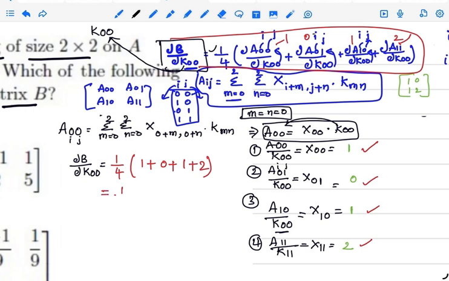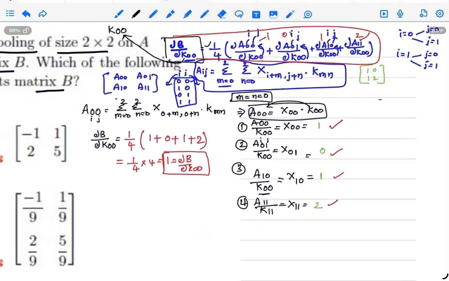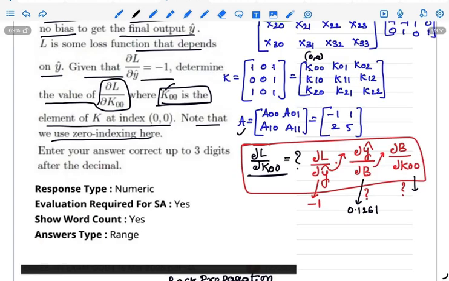So dou b by dou k 0,0 is 1. Generally, even without calculating all these things, we can say that with equal contribution its value is always 1.